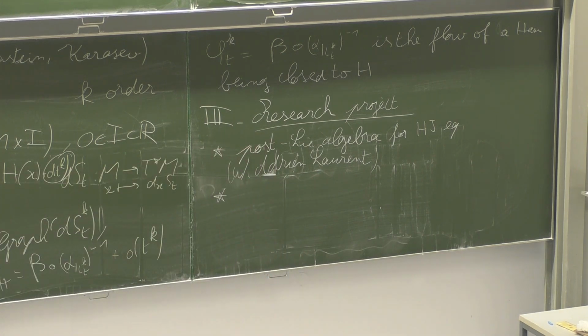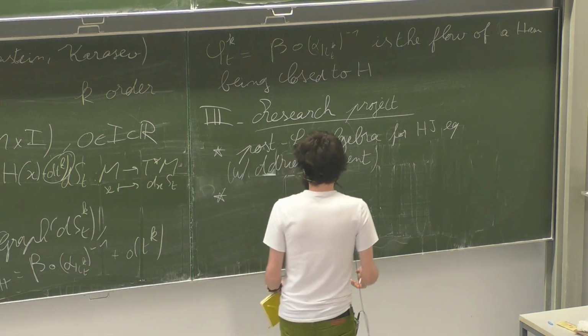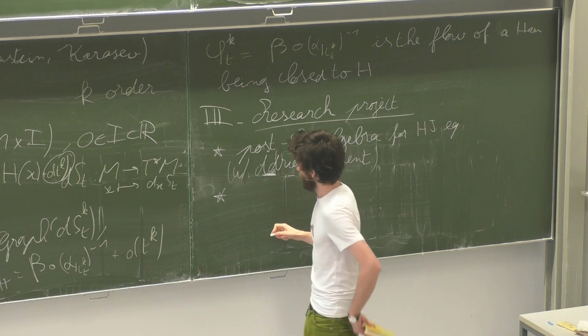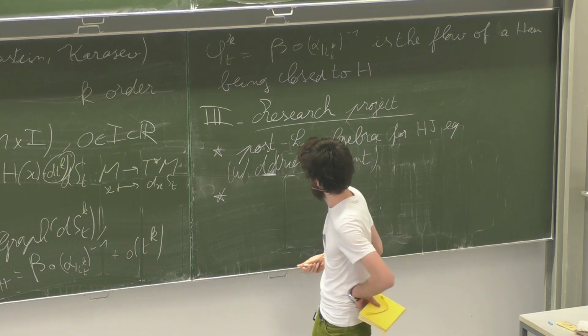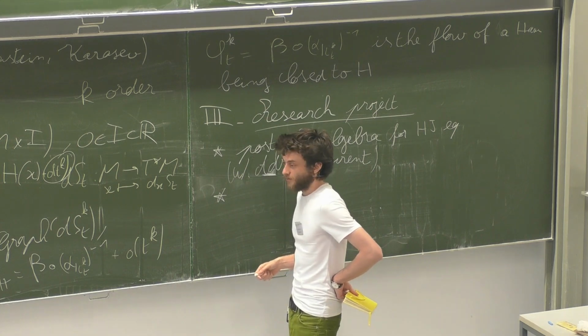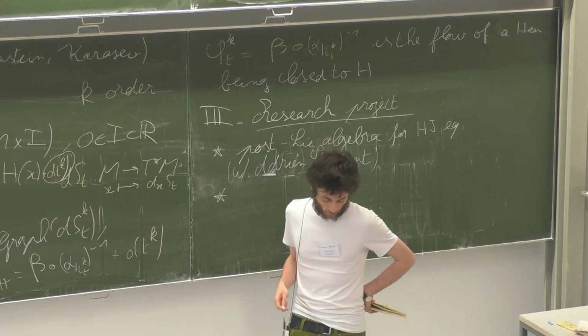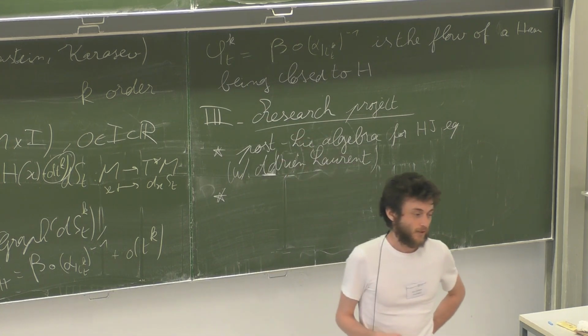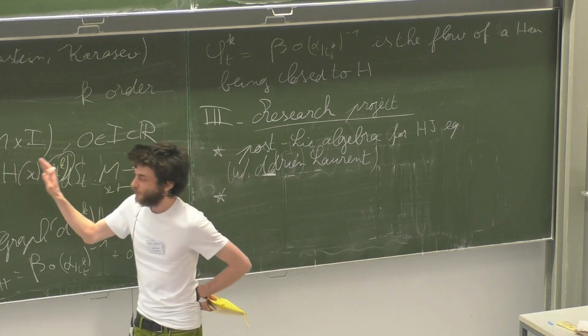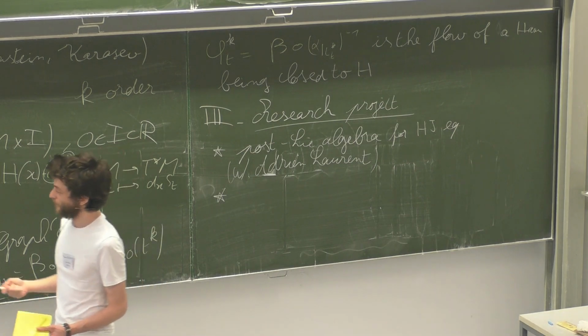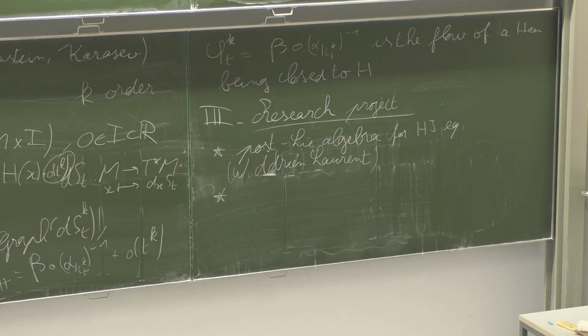The second work is actually about what I told you at the beginning, and it goes like this. You start with a Hamiltonian PDE, the Euler equation, and you would like to use this to construct a robust numerical method for the Euler equation.